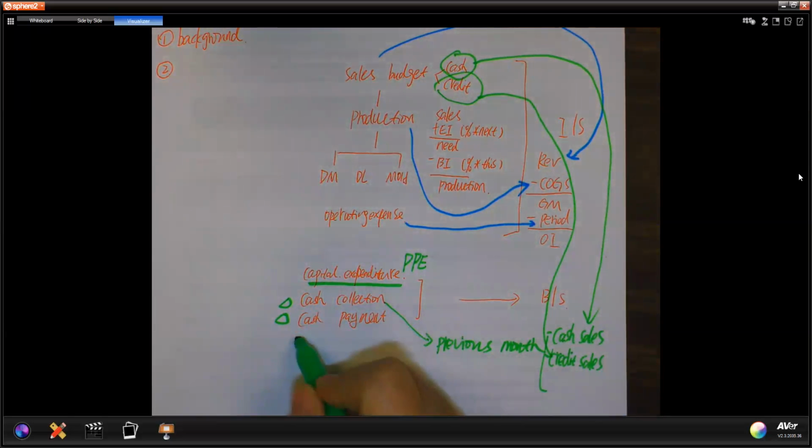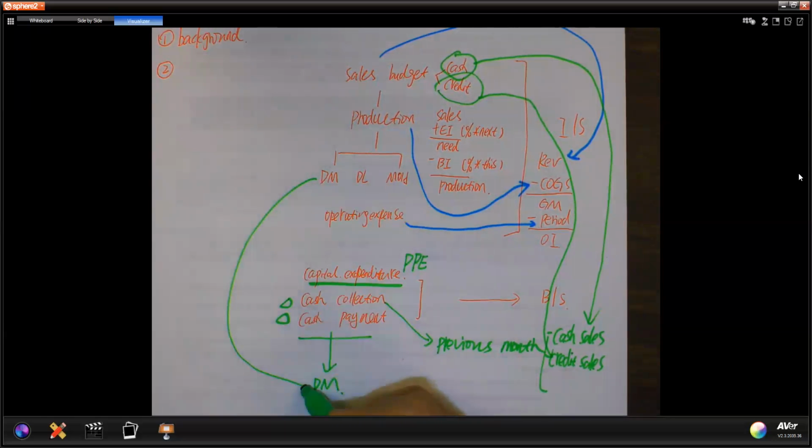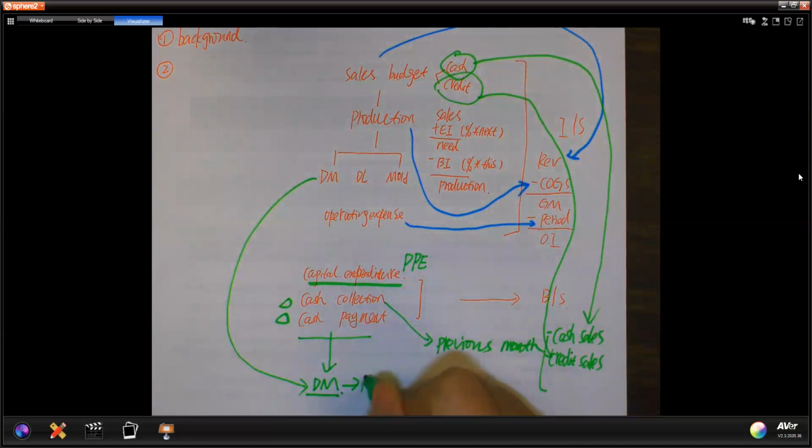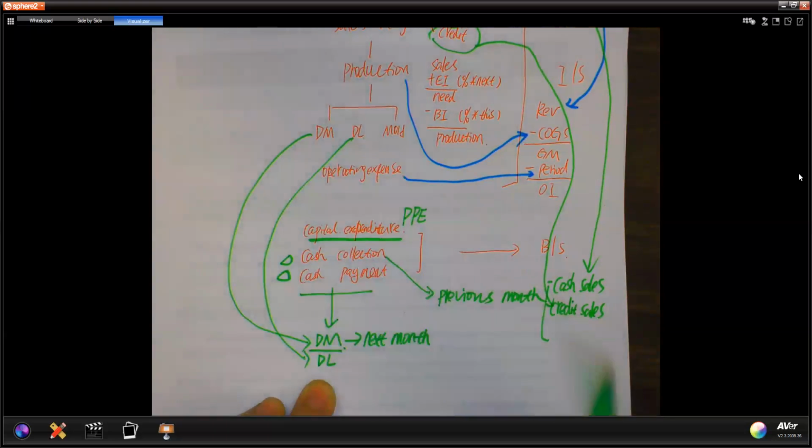For cash payment, we have different parts to pay, right? You have to pay the direct material. That is from your production budget. For the direct material, you can pay in the next month. So you look at this month's purchases, and you pay next month. And then direct labor, you pay the same amount, and you get it from the direct labor expense.